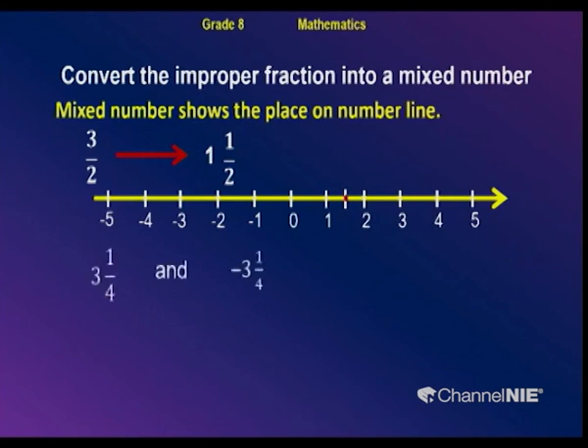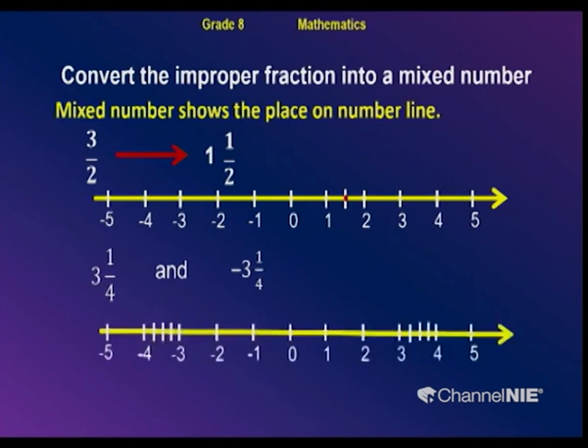Then the other example. 3 and 1 over 4 and minus 3 and 1 over 4. There is a positive number and a negative number. Look at that. First you have to draw a number line. Then take the part between 3 and 4 and separate it into 4 parts.